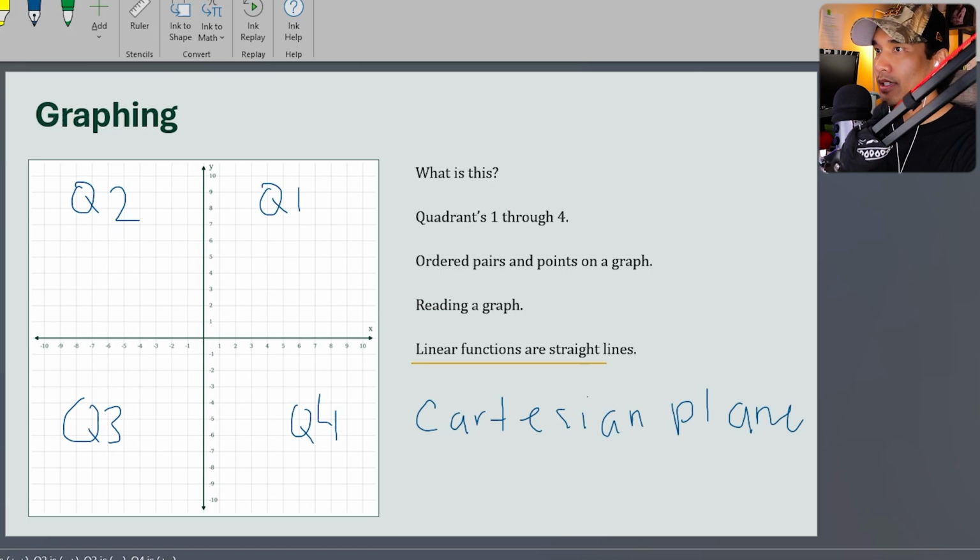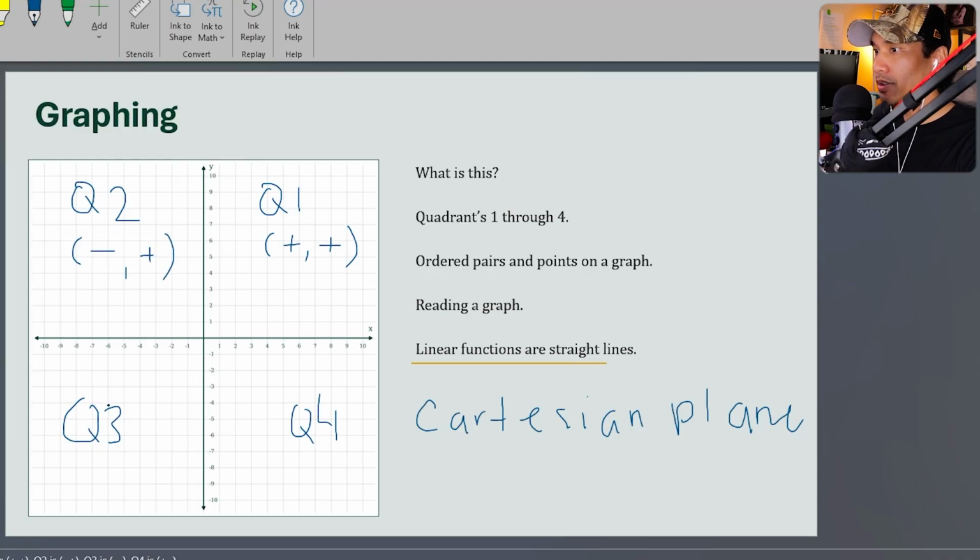Okay? And then what I do want to mention is that in quadrant 1, we will have positive x and y values. In quadrant 2, we will have a negative x value. You see we have negative over here. And then we will have positive y values over here.